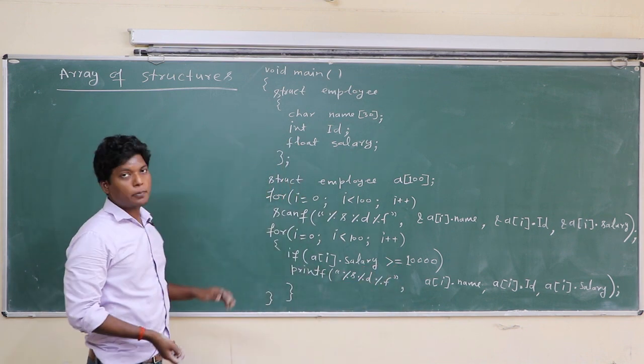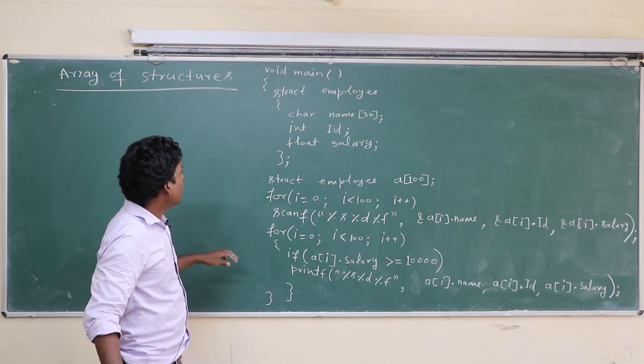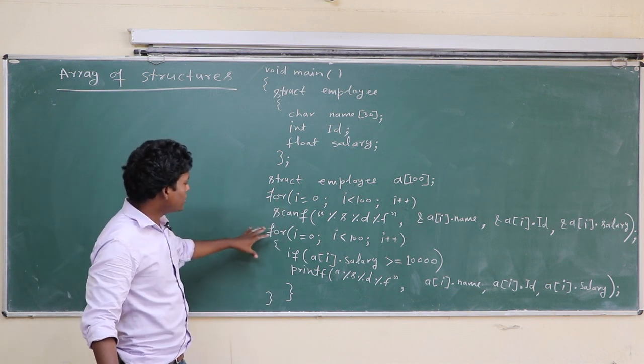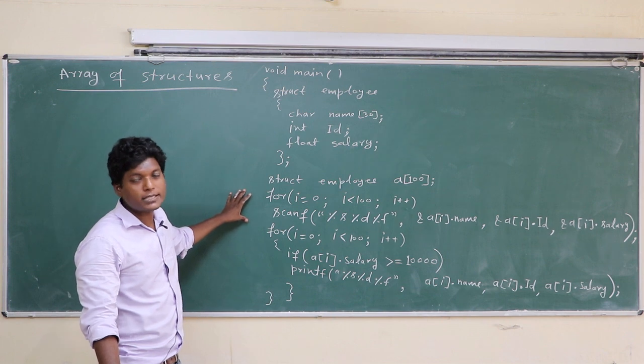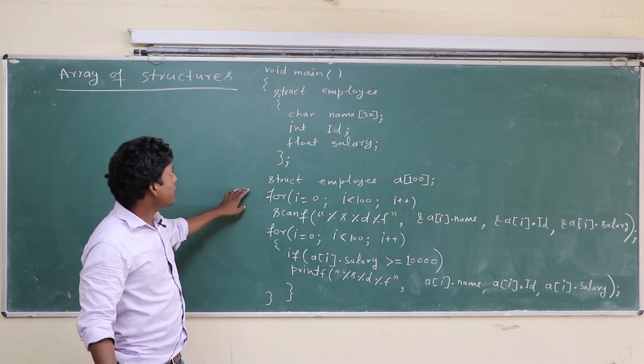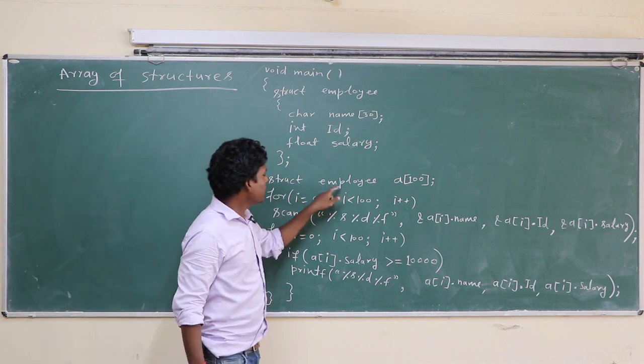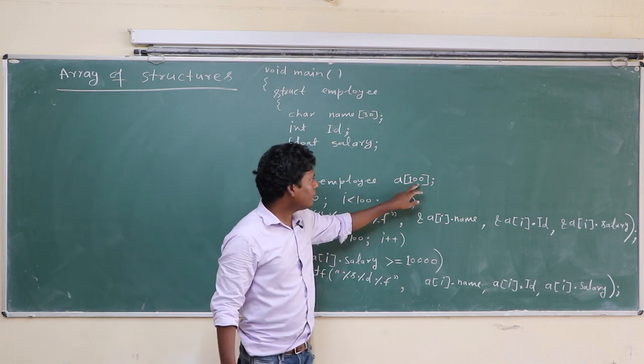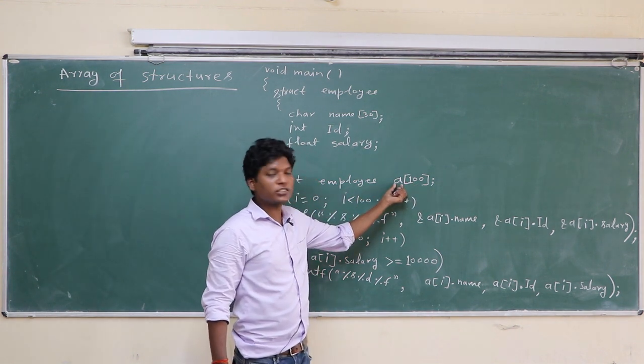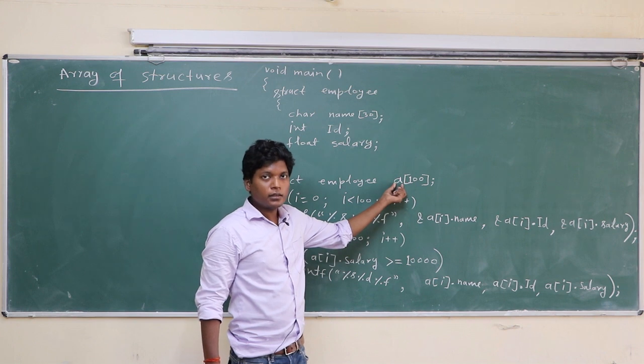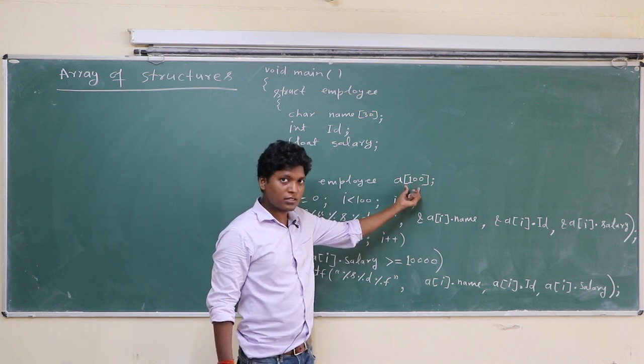so this is a problem, and for that problem there is a program using structure. Class, here struct employee A of 100. Here A is a structure variable, but there are 100 structure variables.